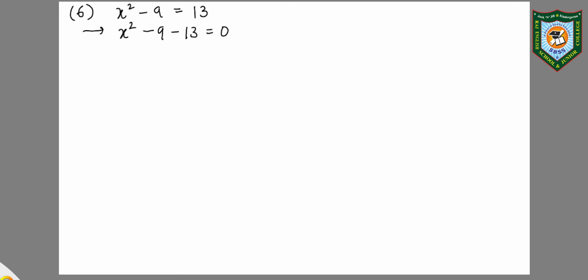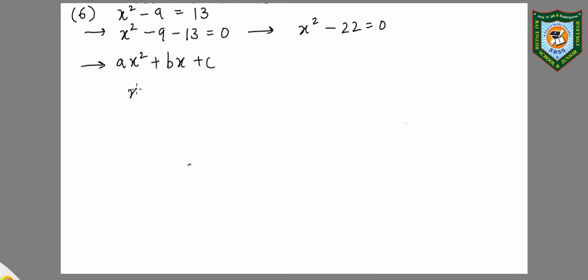So now moving further ahead, once I compare this to ax square plus bx plus c, I have to completely solve this equation. I have x square minus 9 and minus 13 is minus 22 is equals to 0. So now this is x square minus 22 is equals to 0. There is no term with bx, so I can say that ax square is equals to x square.